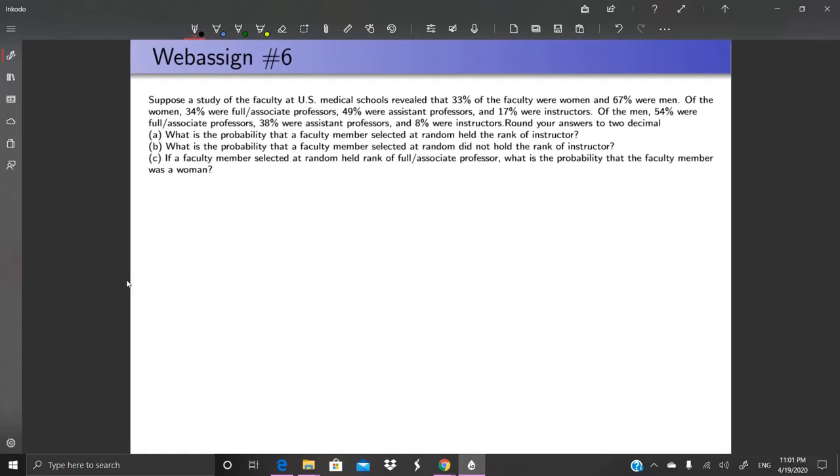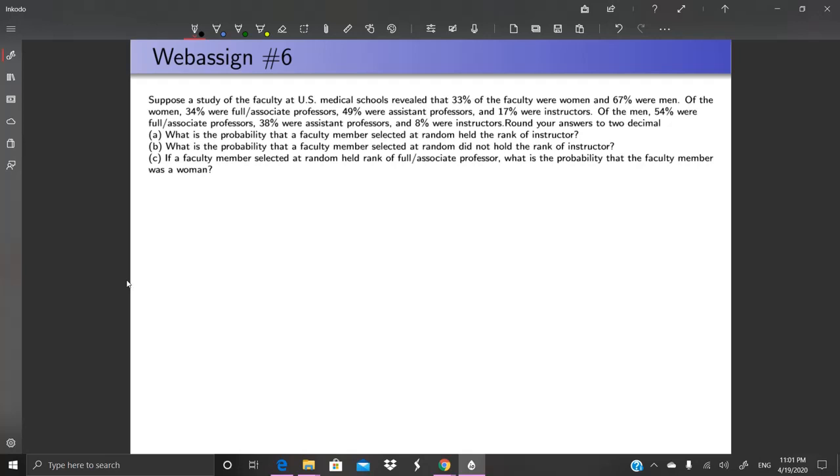So we have a study of the faculty at U.S. medical schools that revealed 33% were women and 67% were men, right? So this set is partitioned into 2 parts. The first part is men, the second part is women. And then we have information about these men and these women, right?